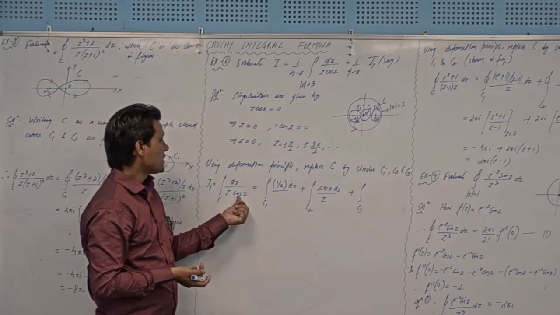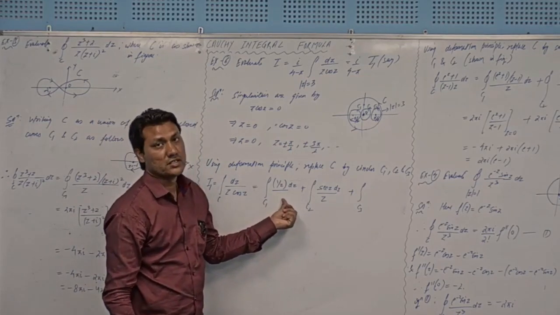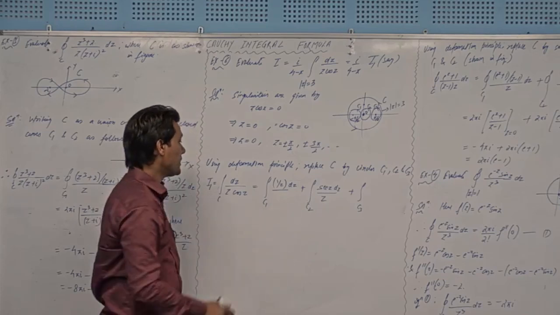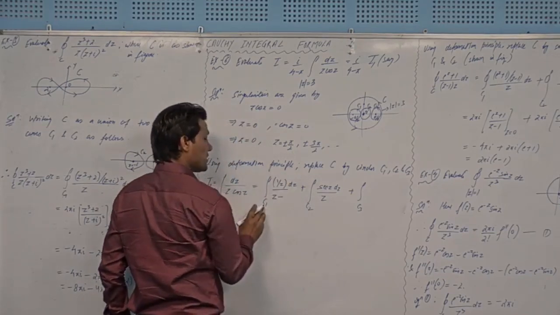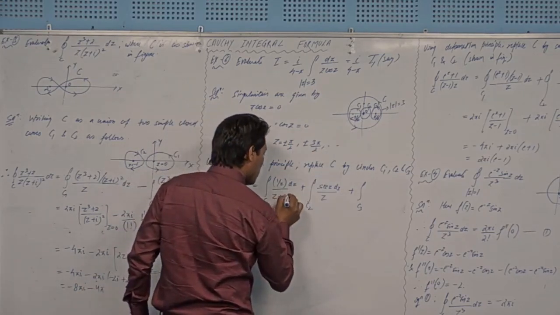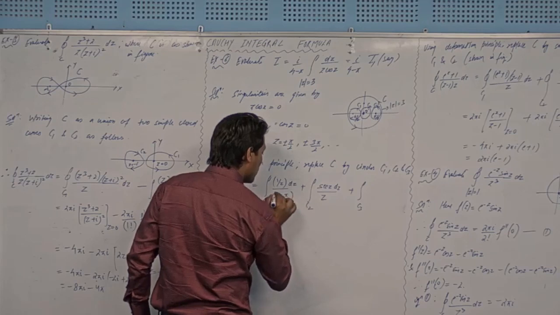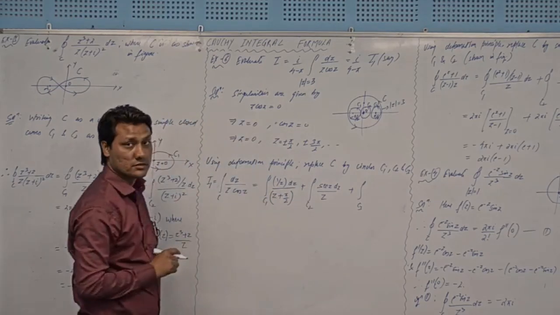But this is a transcendental function. Writing cos z here will be a complete disaster, right? So you should write here z minus that singularity. And what is that singularity inside C1? The singularity is minus pi by 2, so z plus pi by 2. The only factor that should be written here is z plus pi by 2, nothing else, right?